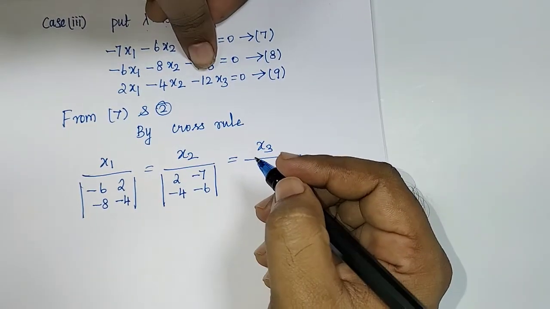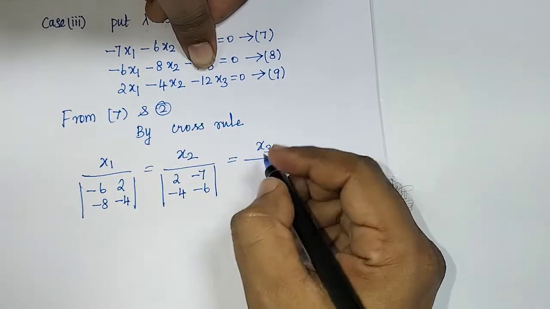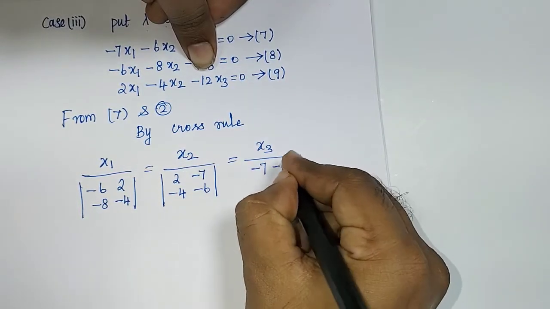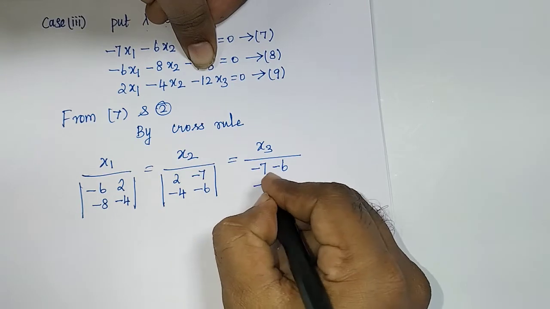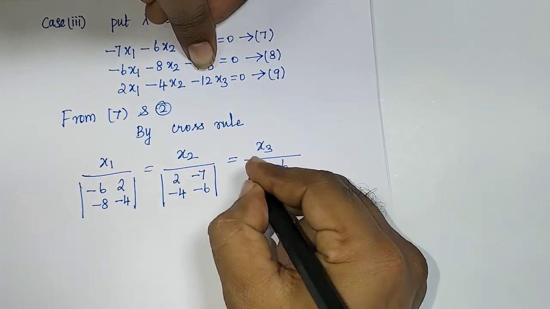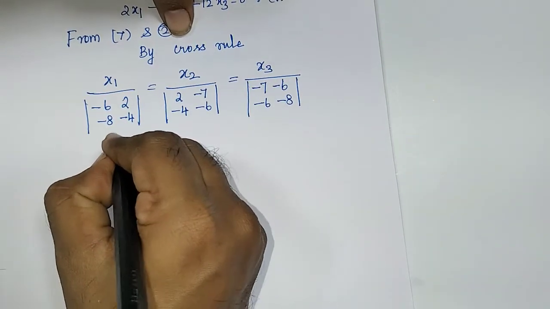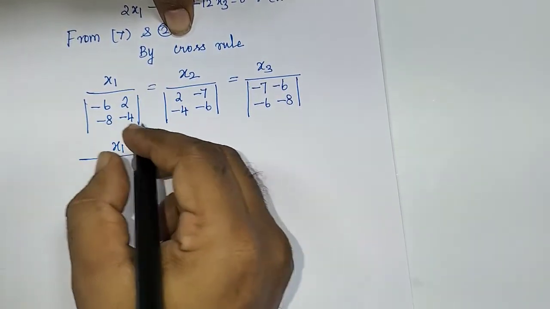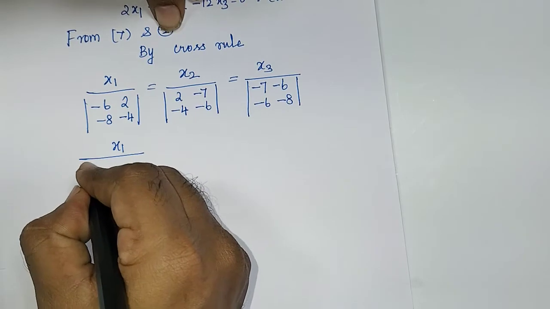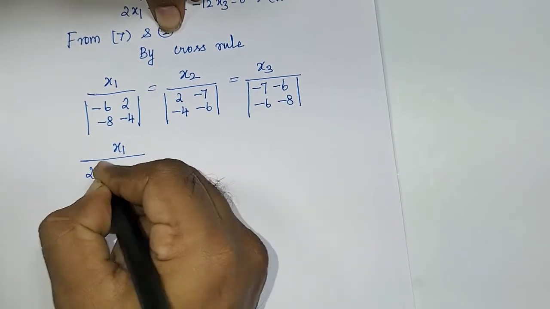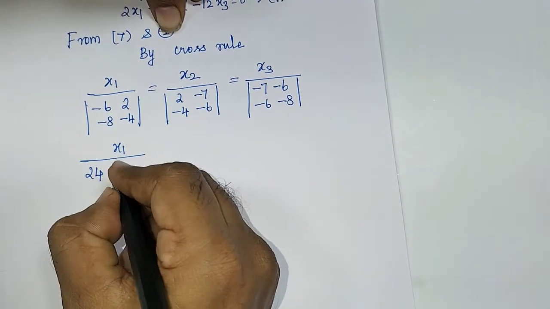And I am going to find x3. So omit the x3 coefficient. The remaining you can write in determinant form: minus 7, minus 6, and minus 6, minus 8. So now I am going to simplify this. x1 divided by 6 into minus 4, I will get plus 24, 8 into 2, minus 16.